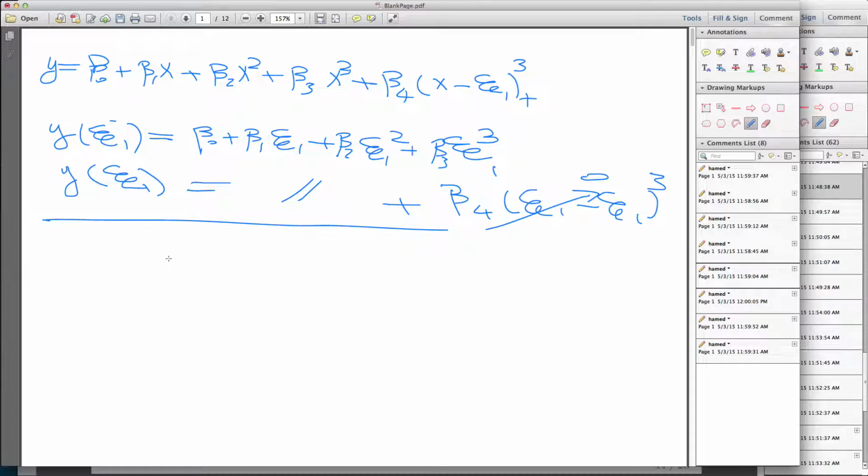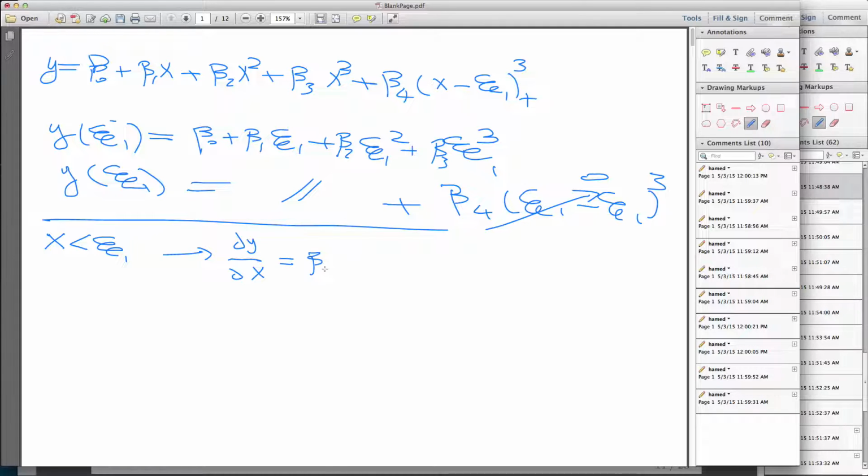So now let's look at the first order derivative. When x is less than psi 1, this part is 0, so our first order derivative with respect to x is beta 1 plus 2 beta 2 x plus 3 beta 3 x squared.